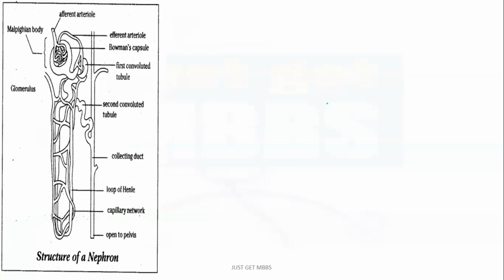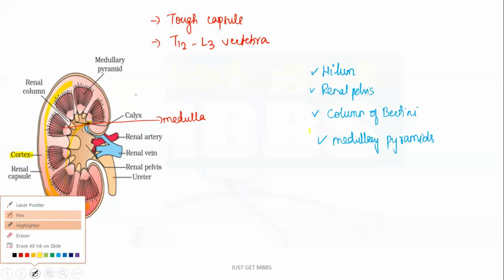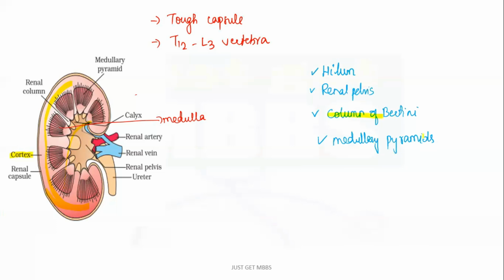And maybe much before that, we need to talk about the medullary pyramids. For your NEET exam, a question can be asked on the column of Bertini or on the medullary pyramid. So these are important points, and we'll try to cover these.